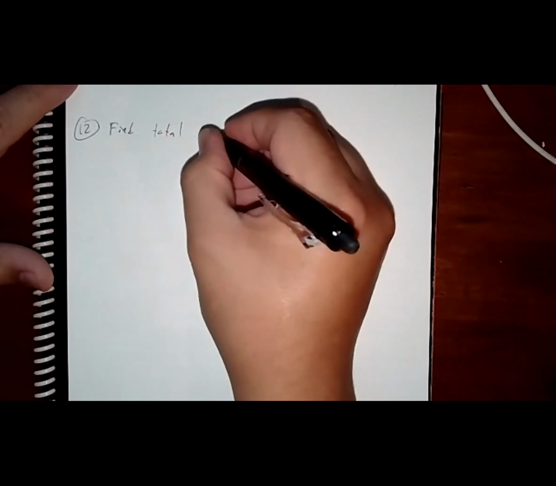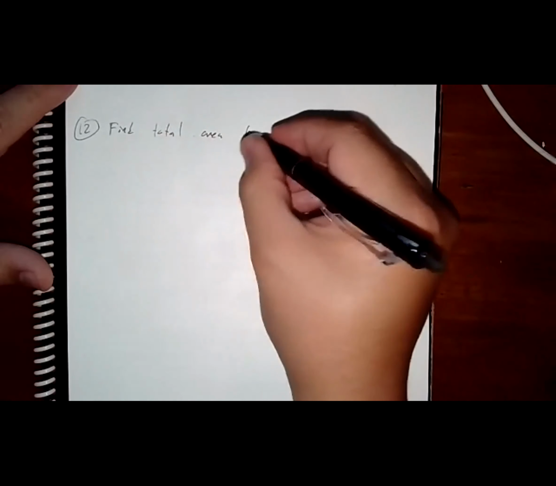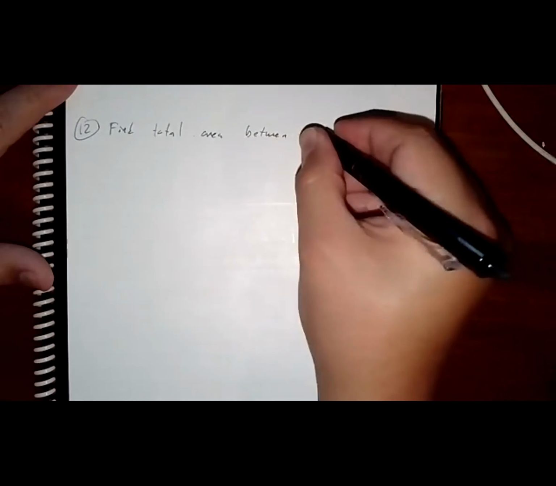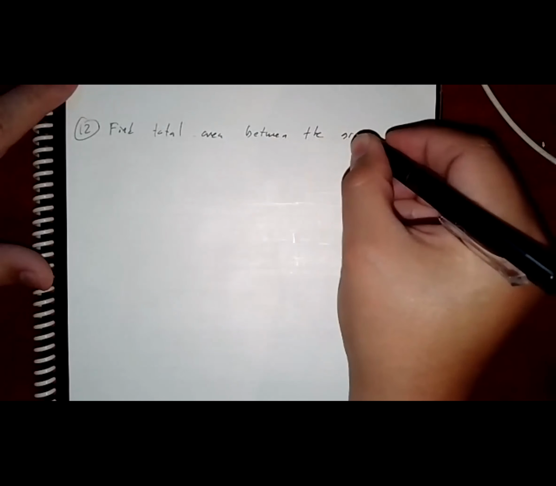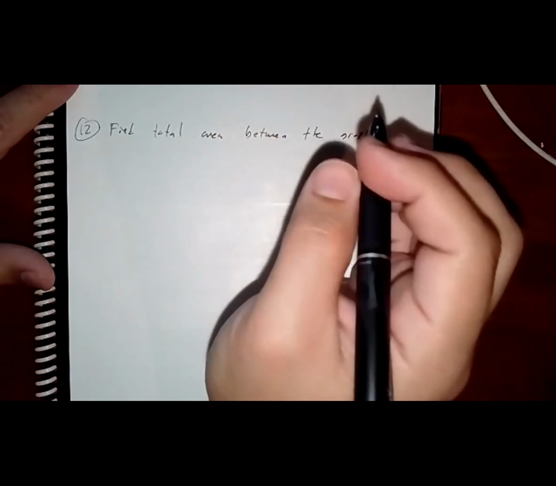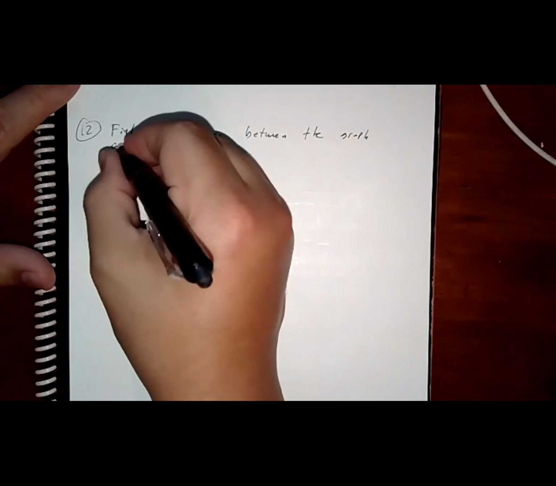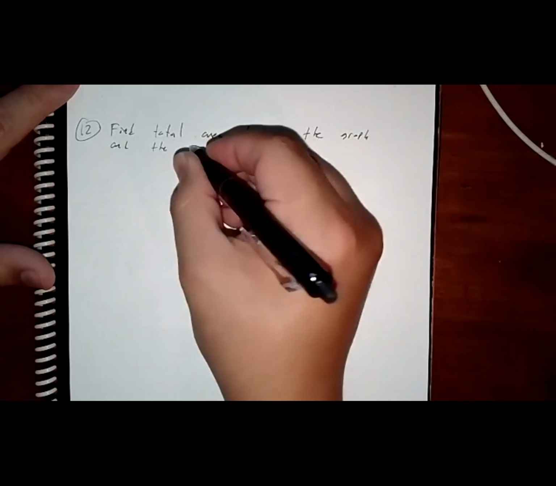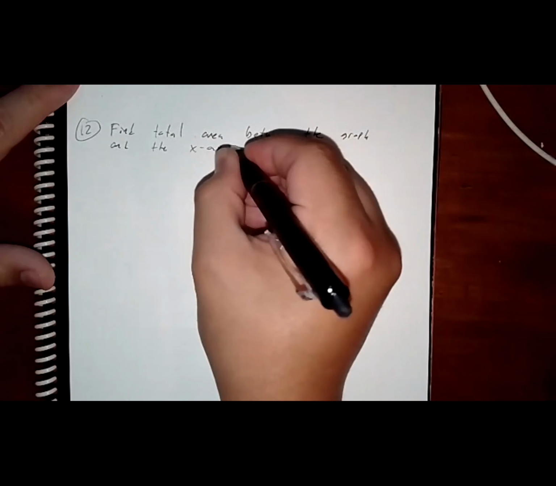Find the total area between the graph and the x-axis.